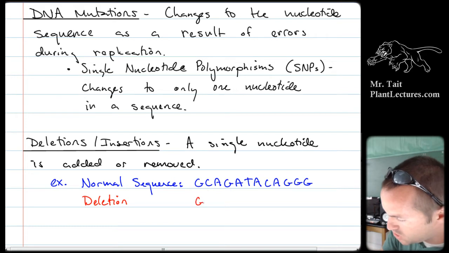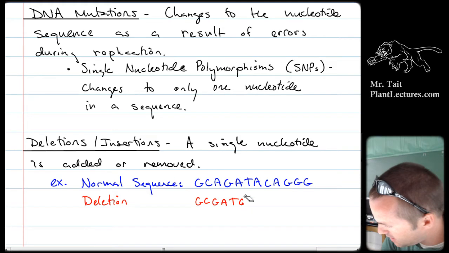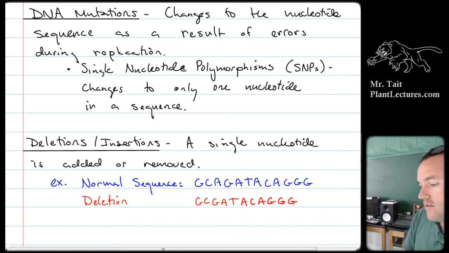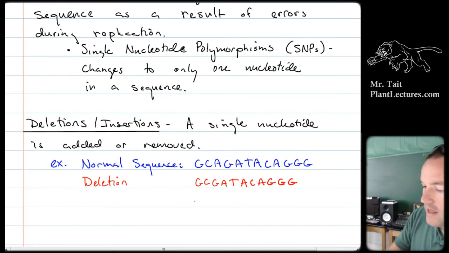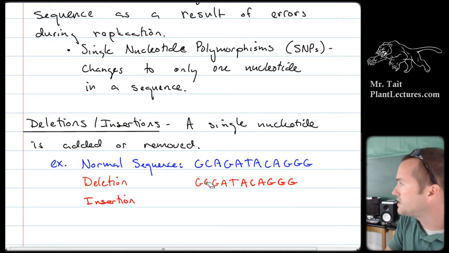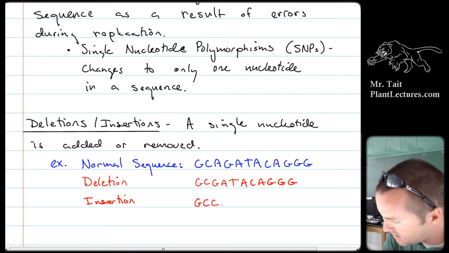So we're going to get GC, GATACA, GGG. Okay, and then for our insertion, let's say that we are going to have two C's at the beginning. So instead of GCA, we have GCCA, GATACA, GGG.